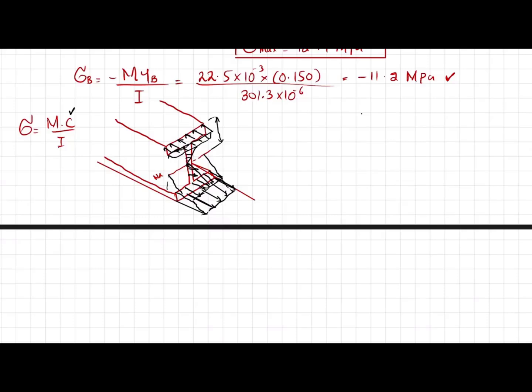Again, let me draw it over here. If you have an I-beam like this, you will have a maximum stress over here, and then if this is your neutral axis, the stress will be like this one. So here at the top it is decreasing, and at this point it will be 0, and here it will be increasing.